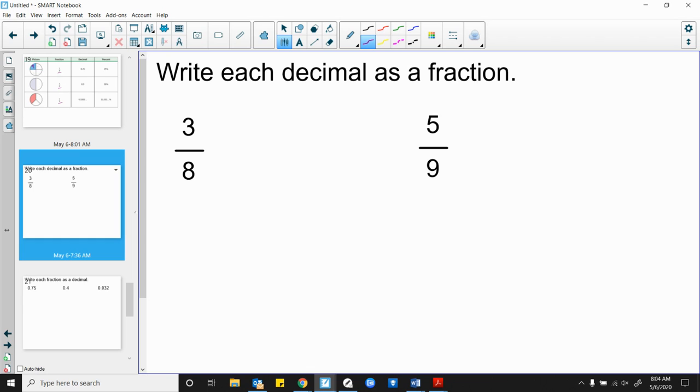If you take 3 divided by 8, you take your 3, the divide sign, and then 8. Oh, I messed up, this should say write each fraction as a decimal. Let's just flip them.